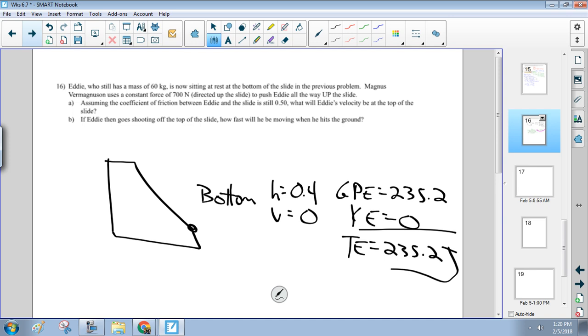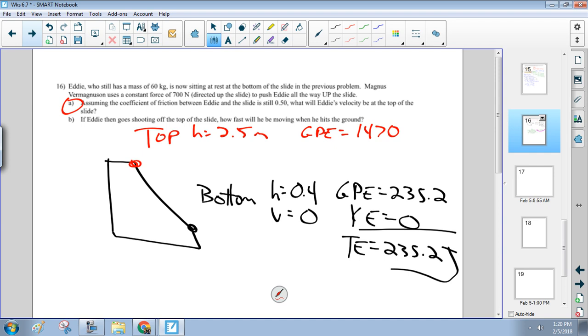Cool? Then he gets pushed up to the top. When he gets to the top, now the height is 2.5, which means that the GPE is 1470.